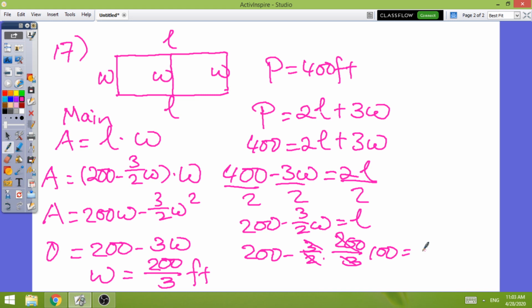So that means the length would be 100 feet. So we find the length and the width. The length is 100 feet, and W is 200 over 3 feet.